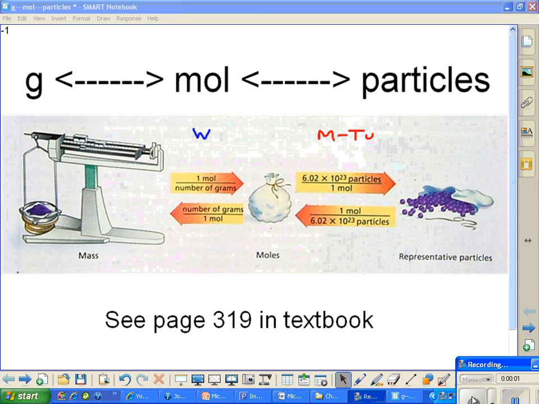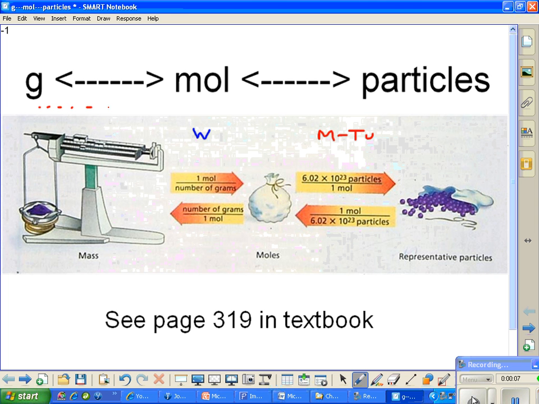This is the second of 3 videos that were designed to help you understand how to go from grams all the way over to particles, or from particles all the way over to moles. What we had done before was deal just with particles to moles, or grams to moles.